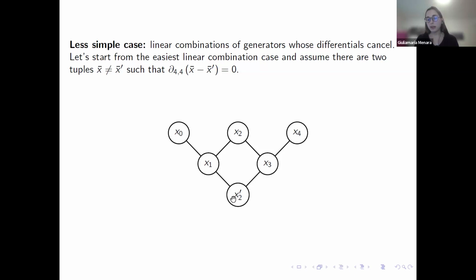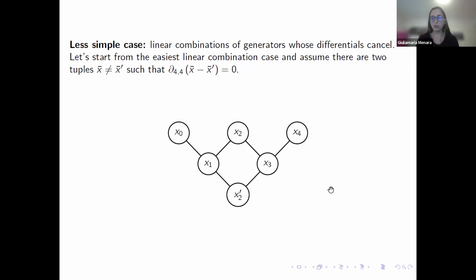And when we remove x2 prime from the second, we're also left with x0, x1, x3, x4. And this only happens if x2 and x2 prime are the only vertices that are different between the two tuples. So this is the new key substructure that we need for a linear combination to cancel.